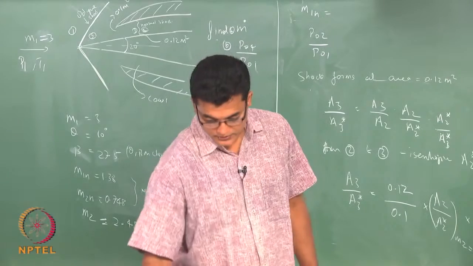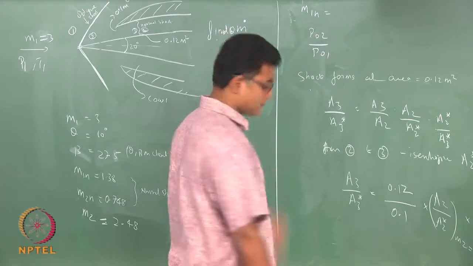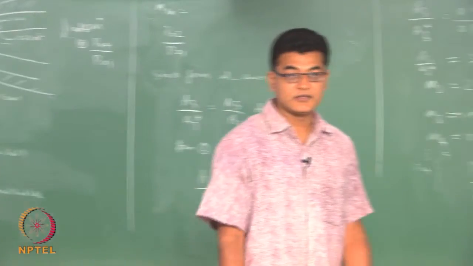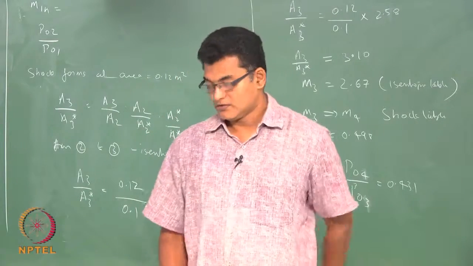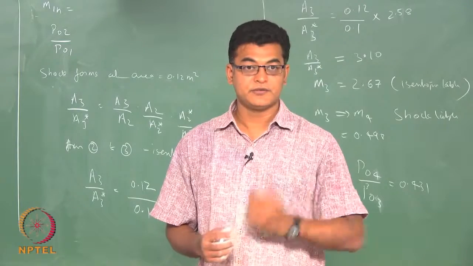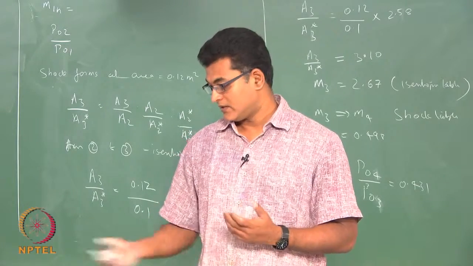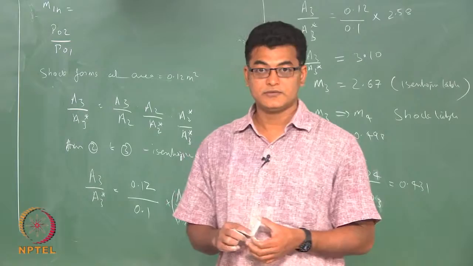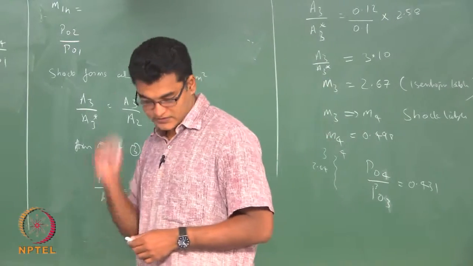So, you could devise your own examples with whatever we have discussed here. A series of oblique shocks is going to give a P0 recovery, and the other problems which you had just now with the reflected and the other shock.